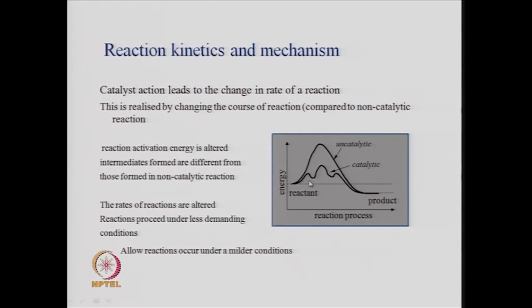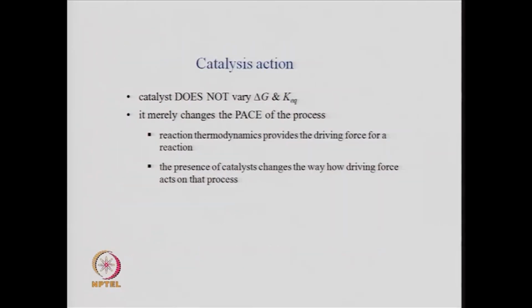Their signatures can be seen spectroscopically. So, overall the reaction activation energy is altered, intermediates formed are different from those in a non-catalytic reaction, and the reactions proceed under less demanding conditions. So, you can do reactions much more easily in the presence of a catalyst.